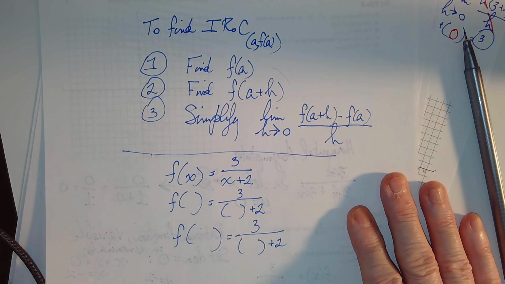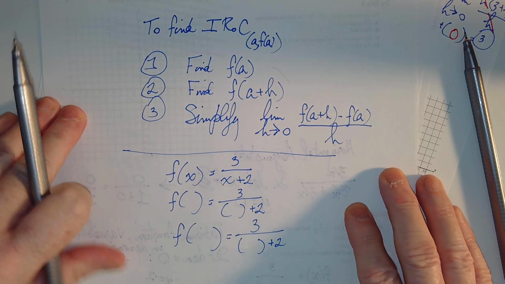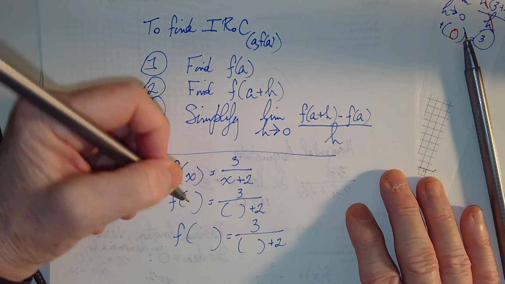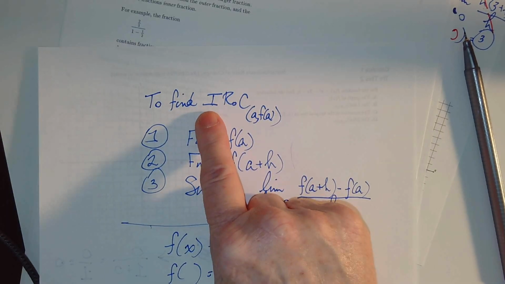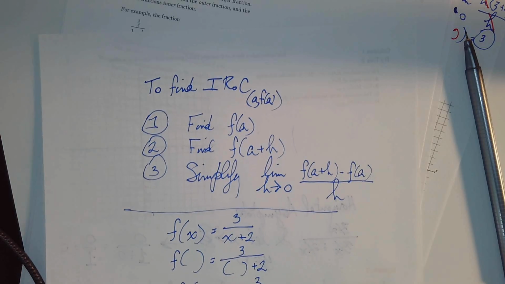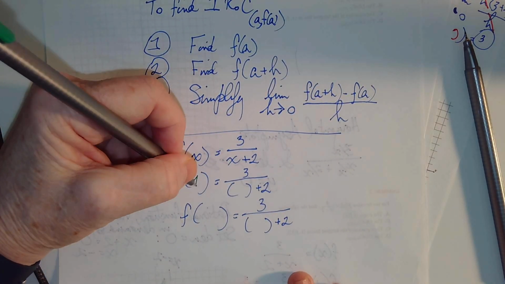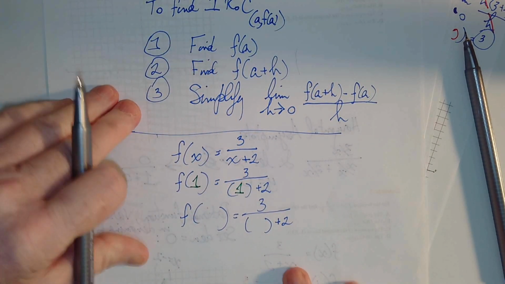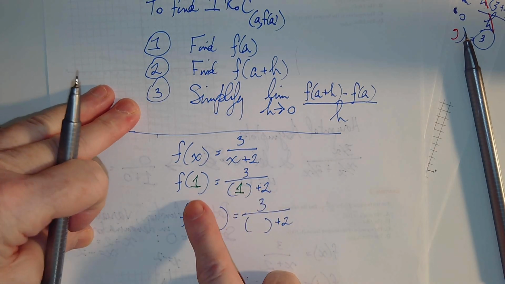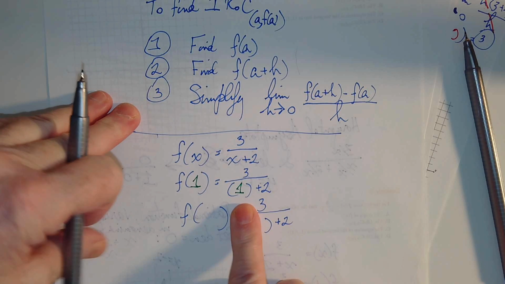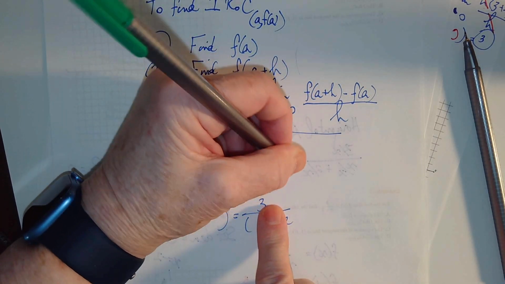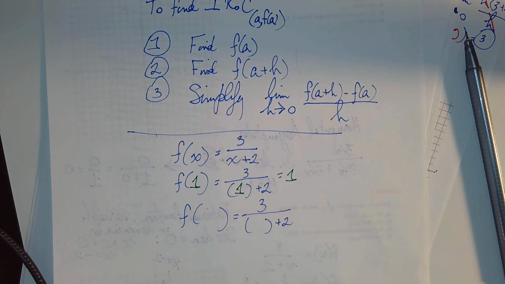Okay, first let's find f of 1. We're looking for the instantaneous rate of change at 1 comma f of 1. That's our first thing. Well, we found this already, but this is kind of fun to do again. 3 over 3 is indeed 1, so we've got f of 1.